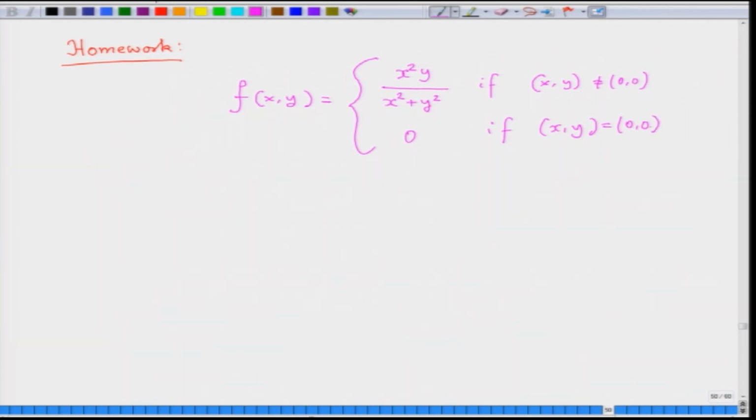So, it means that this function is defined in a segmented way. Now, you have to show that f is continuous at 0 0.